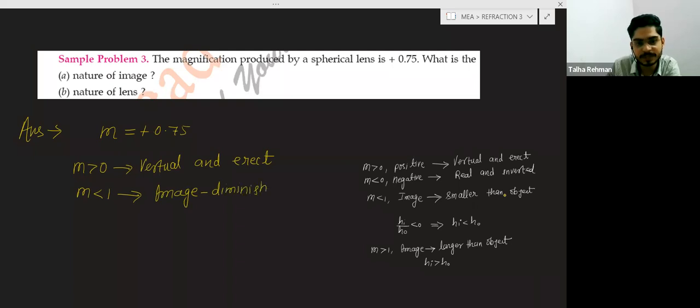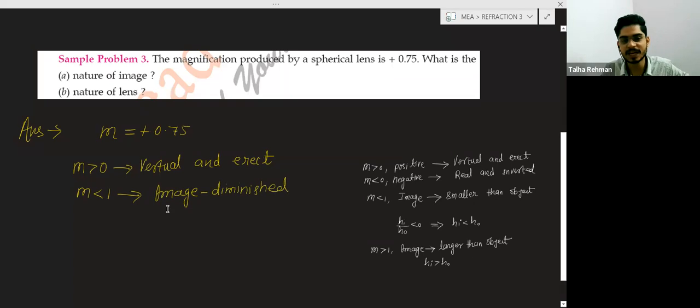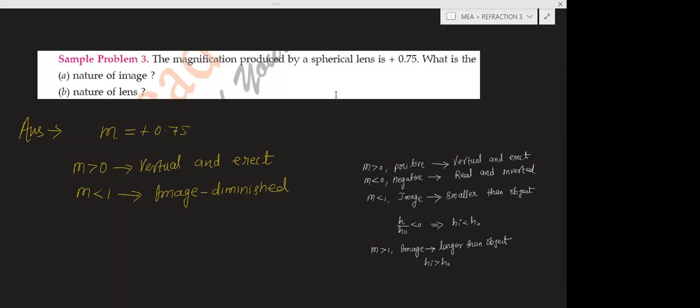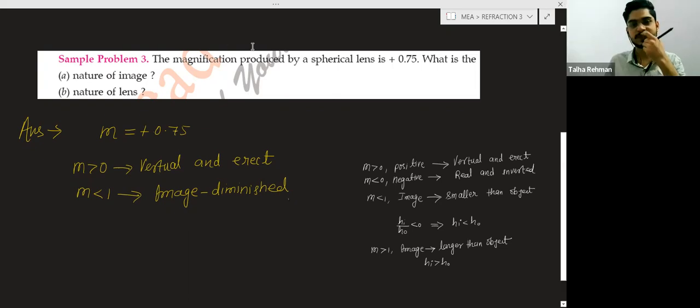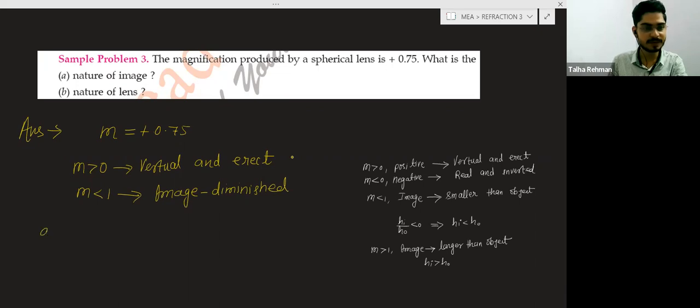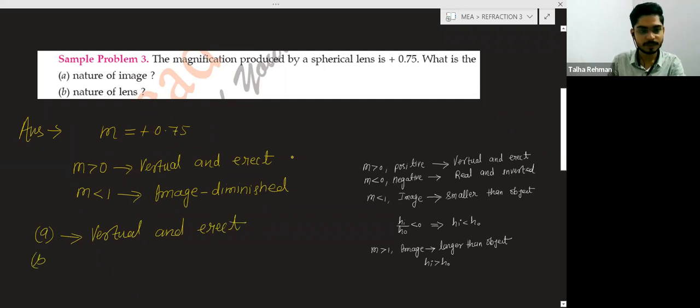So tell me which type of lens gives this type of image, virtual, erect and diminished, for all positions of the object. Martin, tell me. Convex. Yeah, not convex, concave. I have just told. So your answer is, you have calculated the answer. Nature of the image will be virtual and erect. Answer B. Nature of the lens will be concave lens.